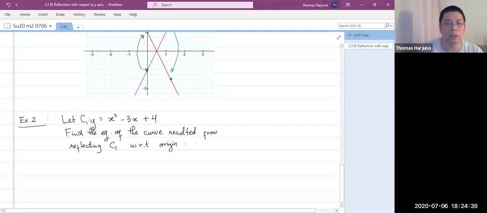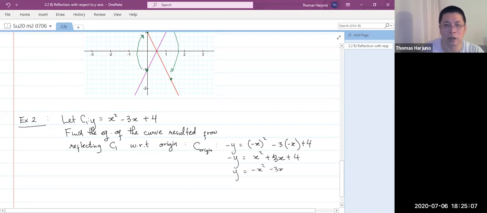So when you reflect with respect to the origin, the y becomes negative y, the x becomes negative x. So I get negative y equals to x squared plus 3x plus 4. If I set y by itself, I get negative x squared minus 3x minus 4. Okay, that's the equation.